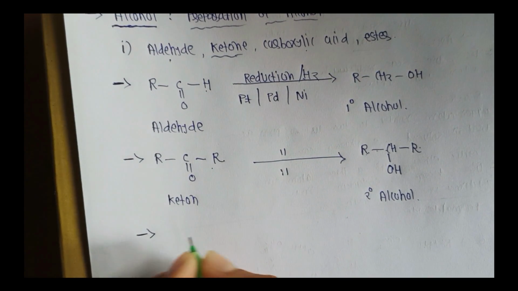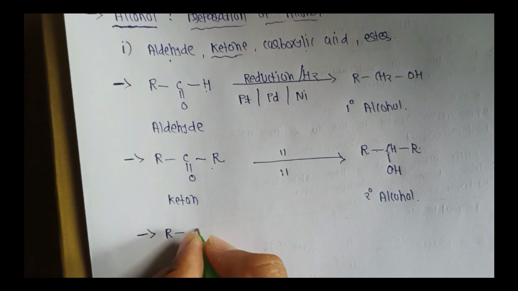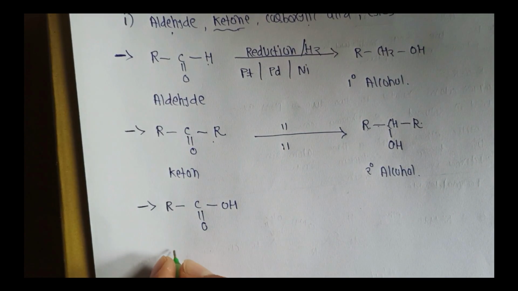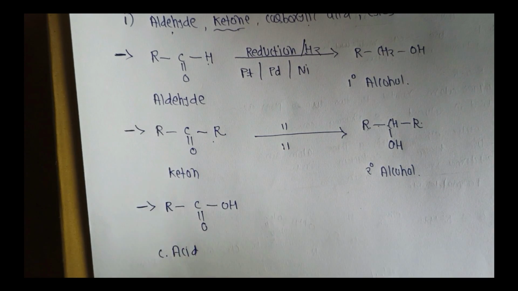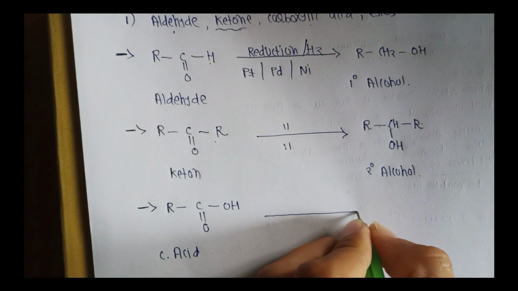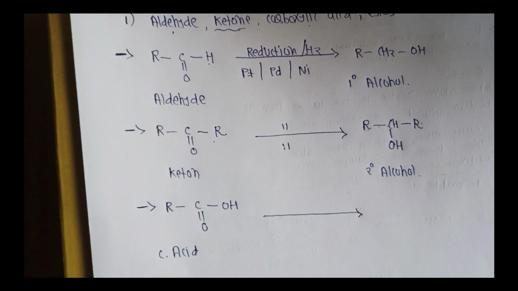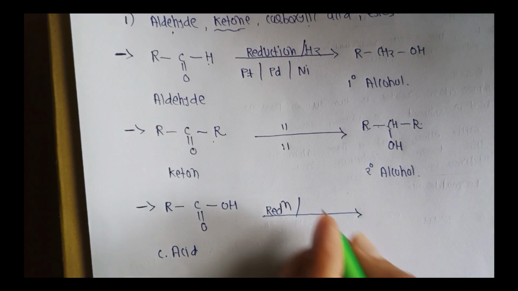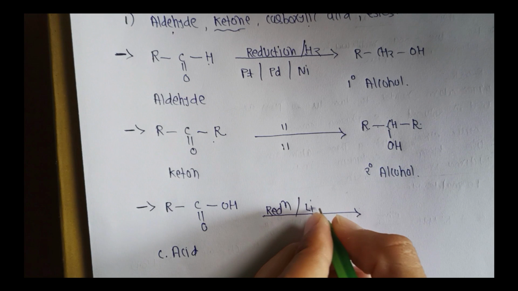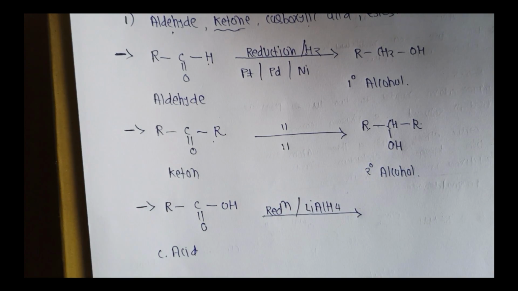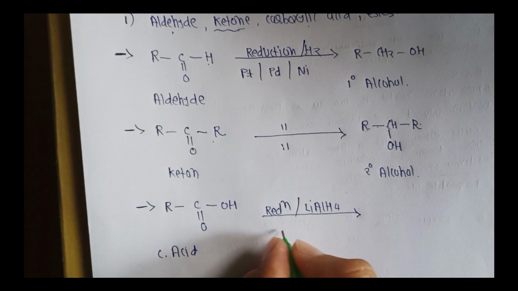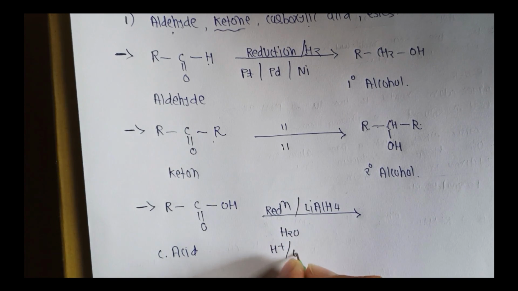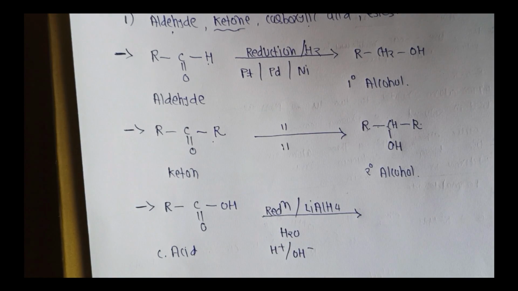Third method, carboxylic acid, meaning R, C double bond O, OH. This is the carboxylic acid. In carboxylic acid, the same reduction process is carried out in presence of LiAlH4, lithium aluminium hydride, and H2O, meaning H plus and OH minus.